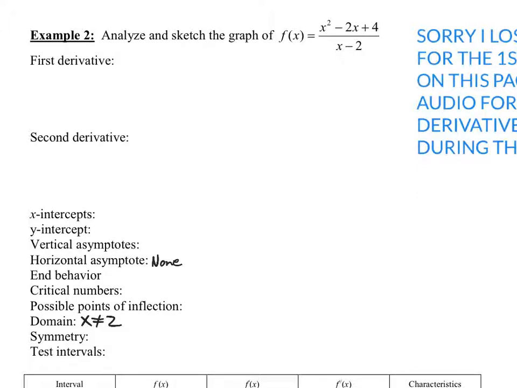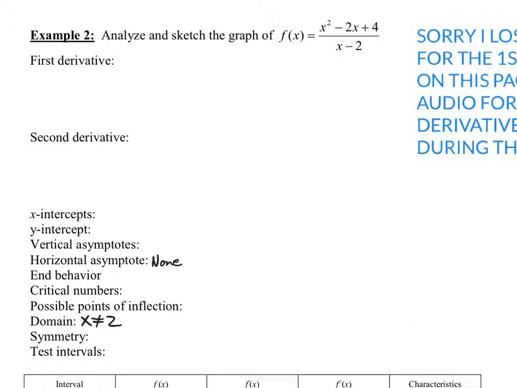One thing we do look at, though, is that domain, x cannot be 2. That means 2 is either going to make a hole or a vertical asymptote. Which is it in this case? A hole, because you can cross it out? What would we cross it out with?